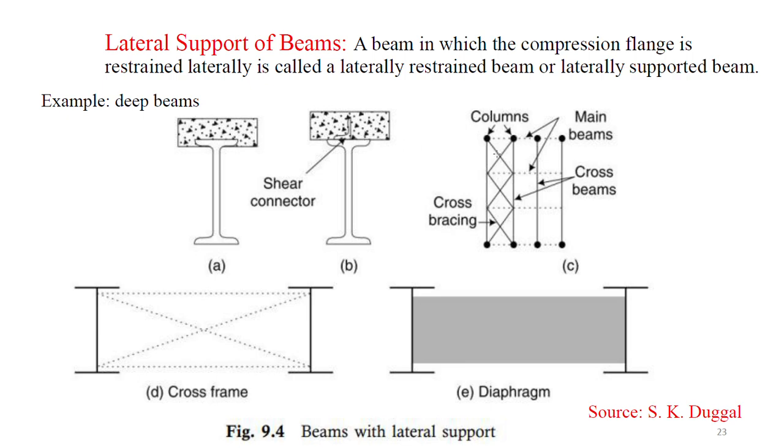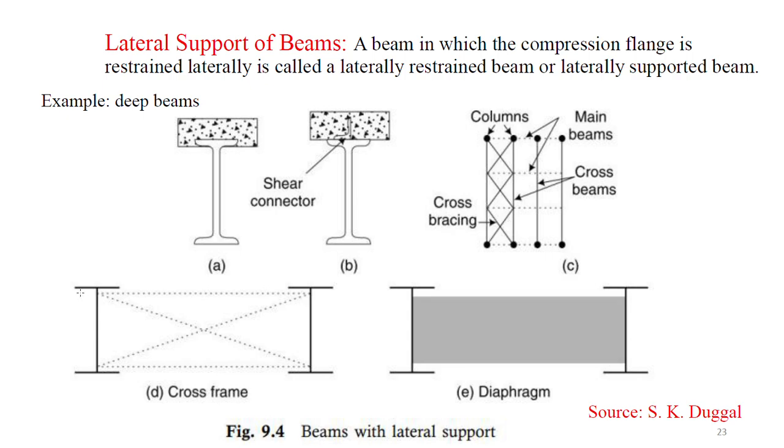Similarly in columns also, to overcome this lateral deflection, we provide cross bracings, okay. For the beams also we do the same thing. Here you see, we have provided some cross frame type of structure, bracing type of structure. These also provide torsional resistance to the lateral buckling of the girders, beams.